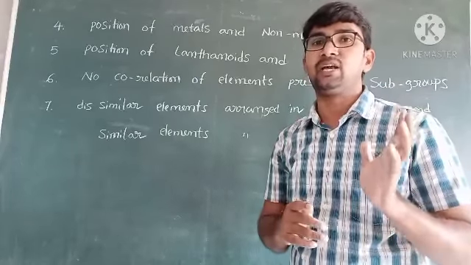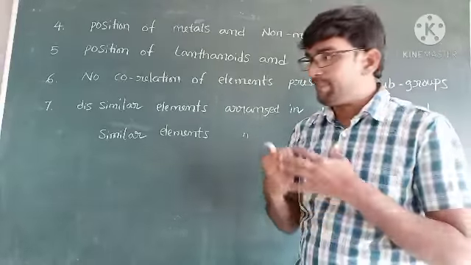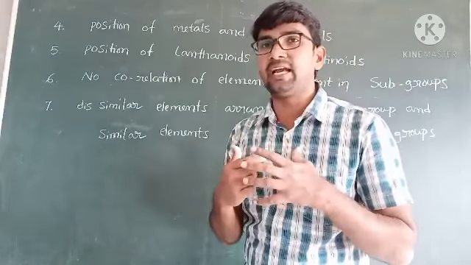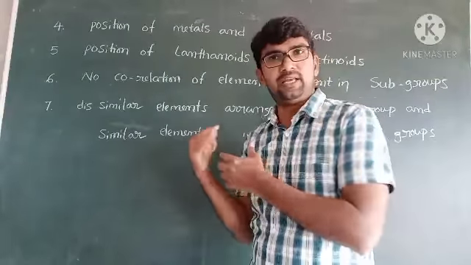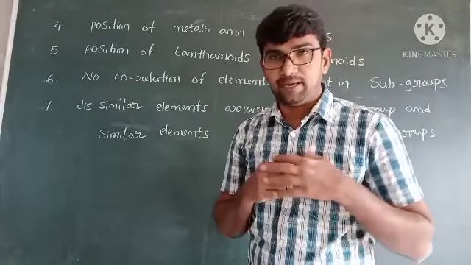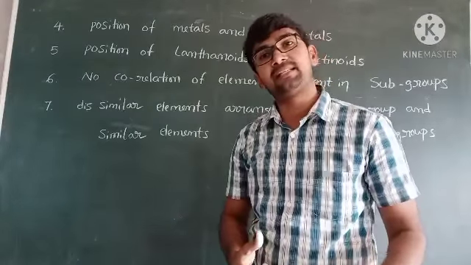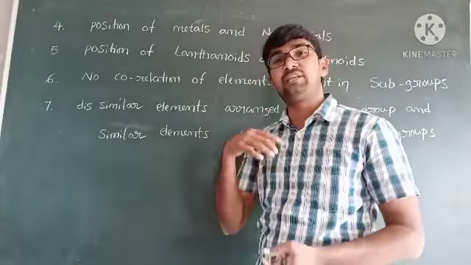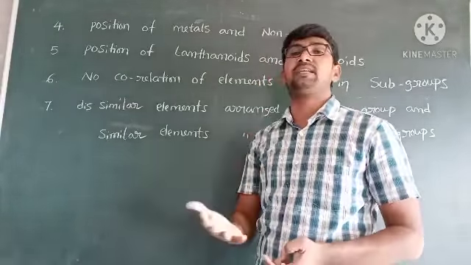So Mendeleev gave a perfect idea of how to arrange the elements. Up to Mendeleev's time only 60 elements were available, but nowadays 120 plus elements are available. How to arrange those 120 plus elements as a table and how to remember all of them? So this person made it easier for the people who came after to arrange the elements.